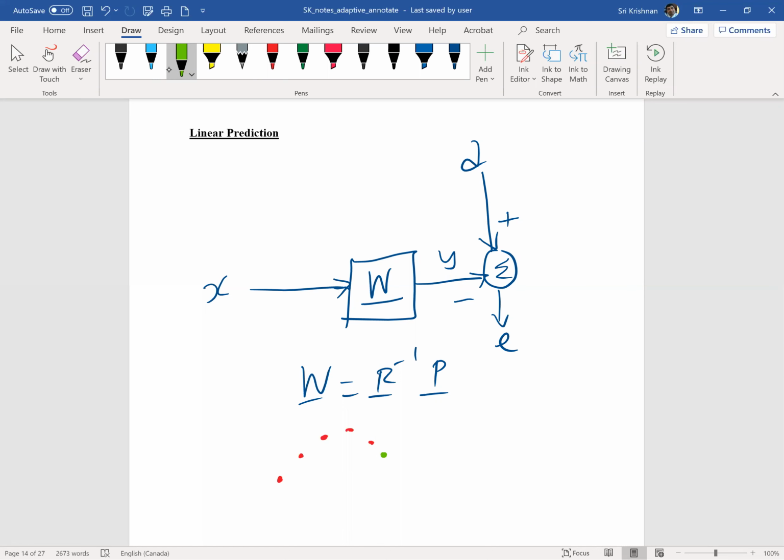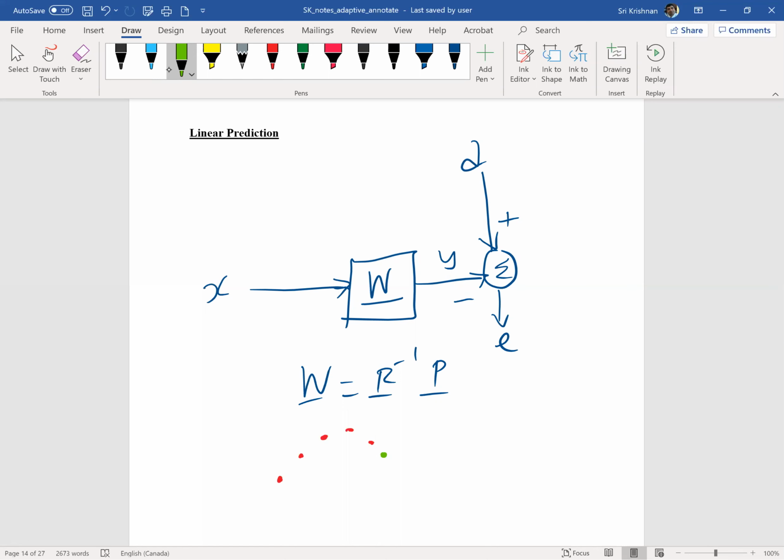Because we have used the past samples of the red dots, and it kind of gives an idea. It's following some kind of a sinusoidal shape. So the next point would be where we denote it here.